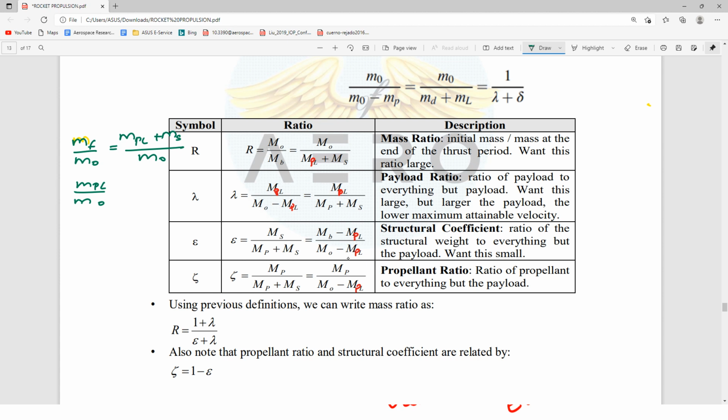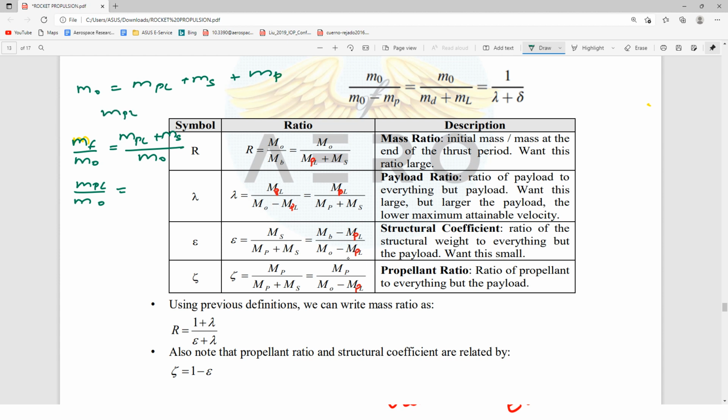If you want to transform this MPL, m naught equals MPL plus MS plus MP, right?